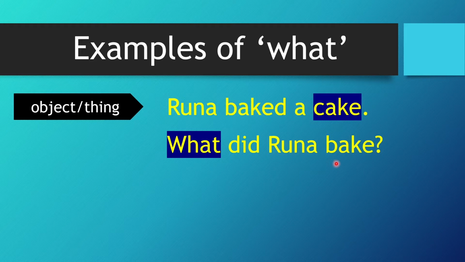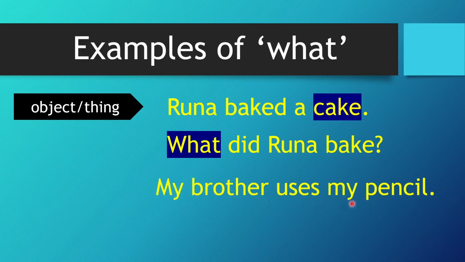There will be always present form of the main verb. So at the beginning, there will be what. After that, there will be auxiliary verb. After that, the subject. Who was the subject? Runa. So you will write Runa here, and there will be verb at the end. And at last, there will be question mark. So the sentence becomes, what did Runa bake?